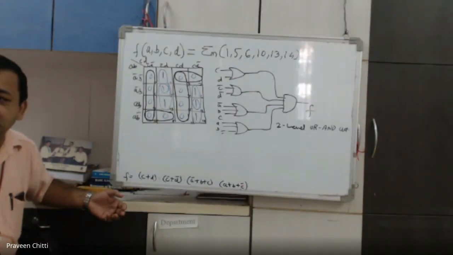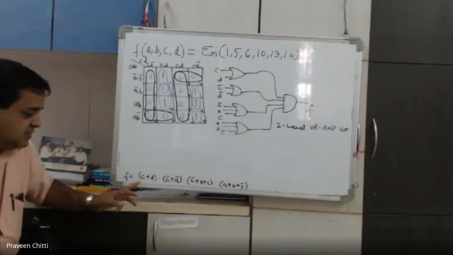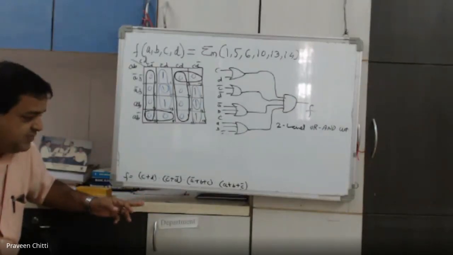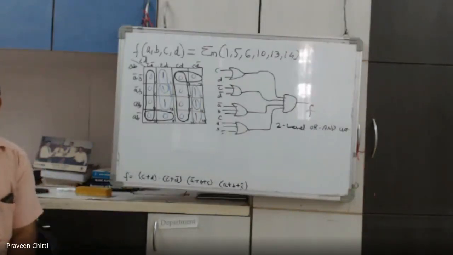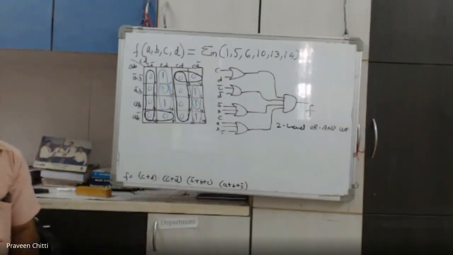Can anybody explain how we should factorize this? Ultimately, you have to get this particular term by factorizing.